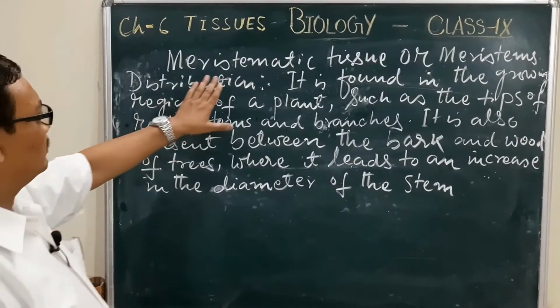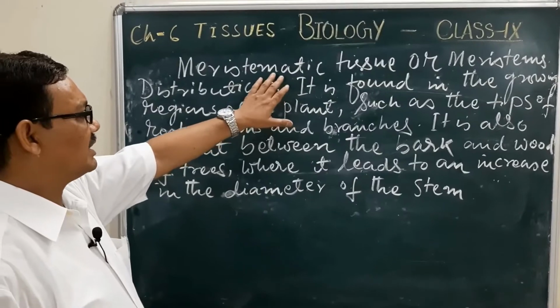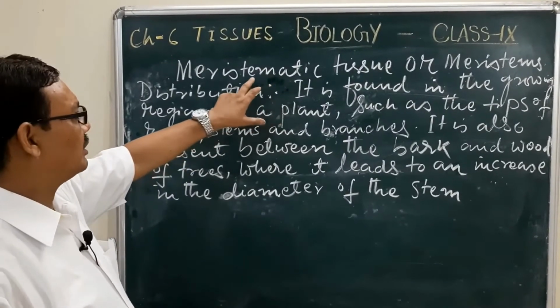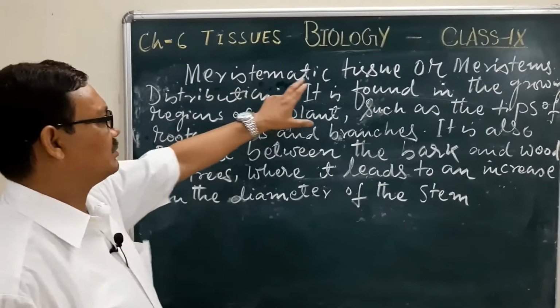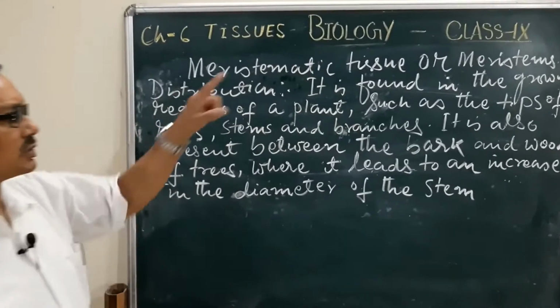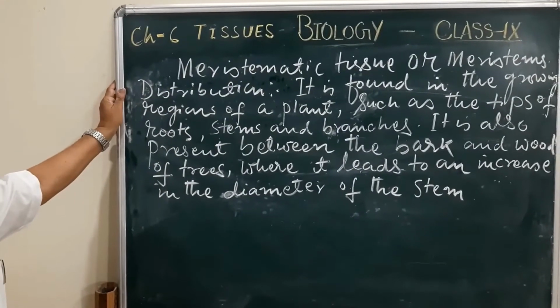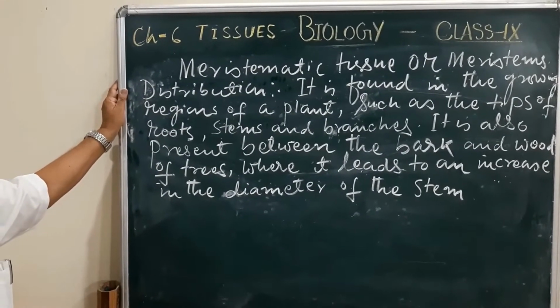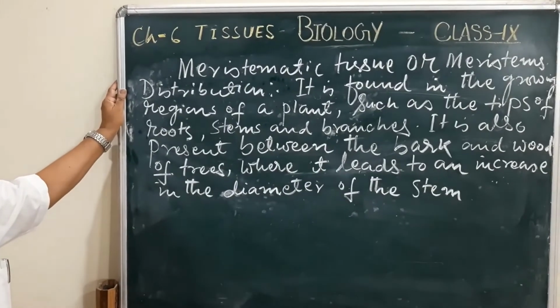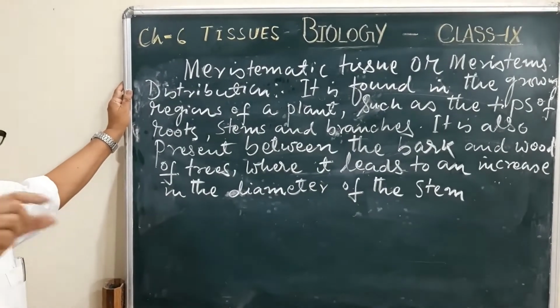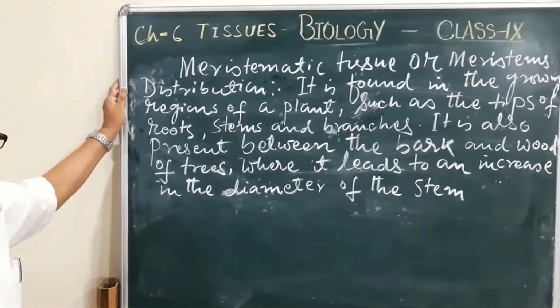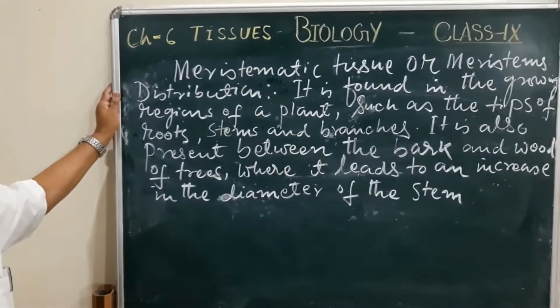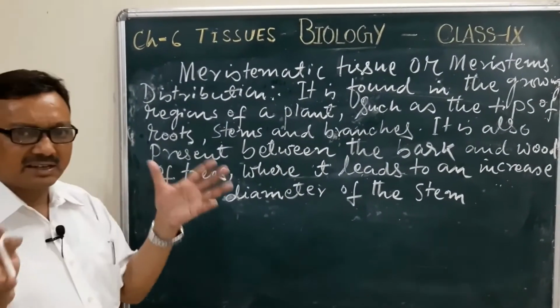Now, we are going to start the first basic type of plant tissue, that is the meristematic tissue. It is also known as meristems. This tissue is mainly composed of such type of cells which are immature, which can divide, and the cells are compactly arranged.